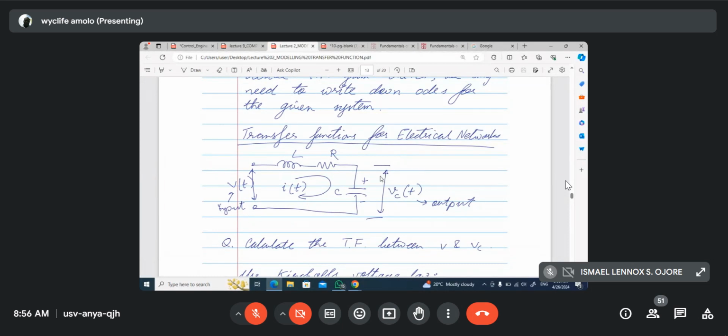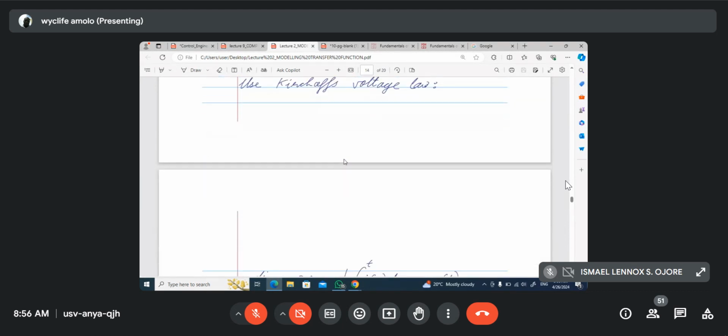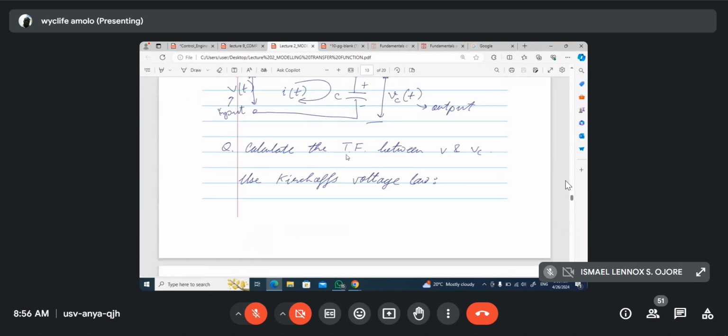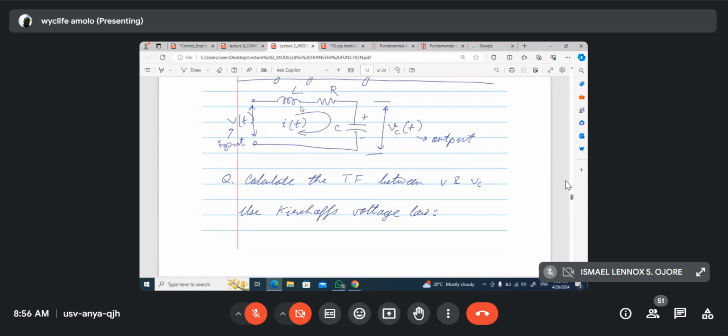You've done it for the transfer function for an electrical network, combining only the inductor, the resistor and the capacitor. All these three elements combine everything for electrical and mechanical.